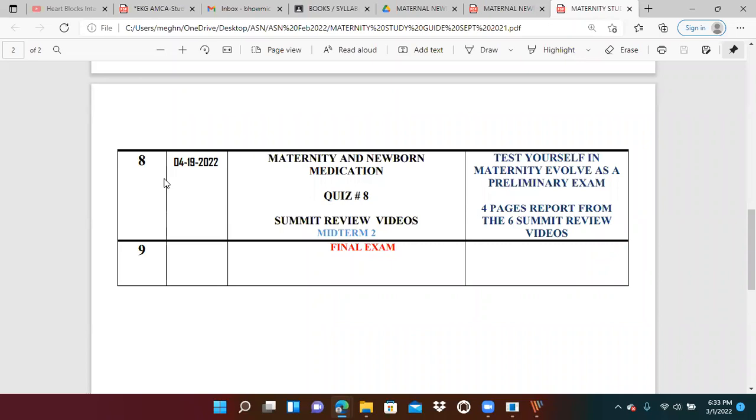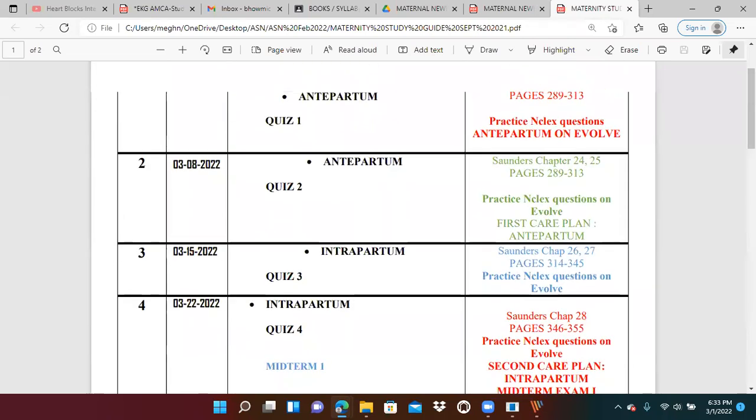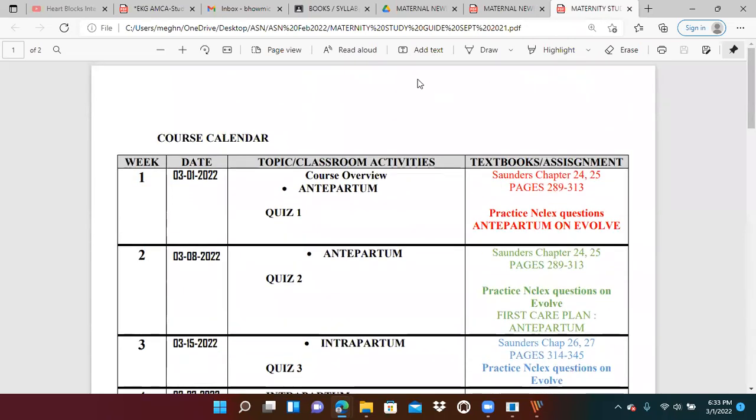And then the last week, week 9, we can sit for the final exam. So this is the basic talk about the timeline or class schedule that we're supposed to follow these 8 weeks.